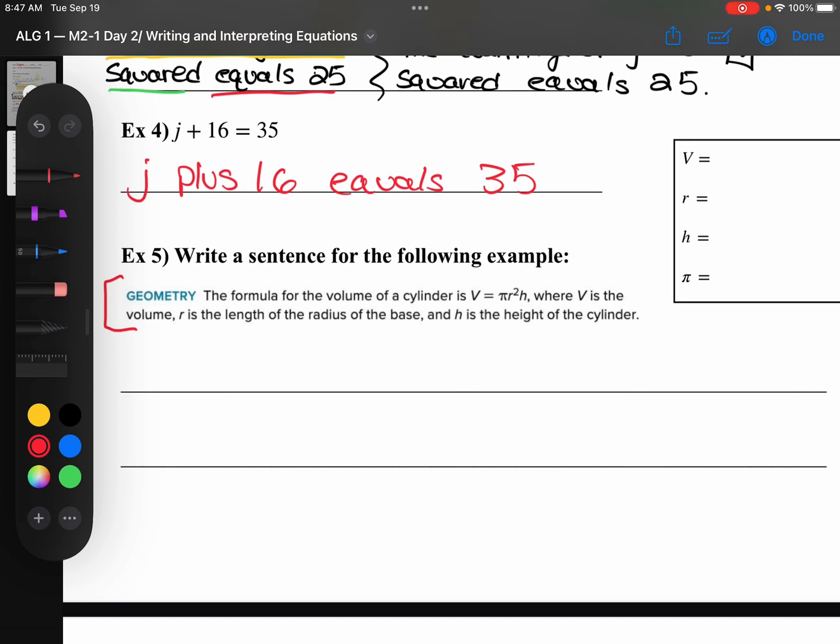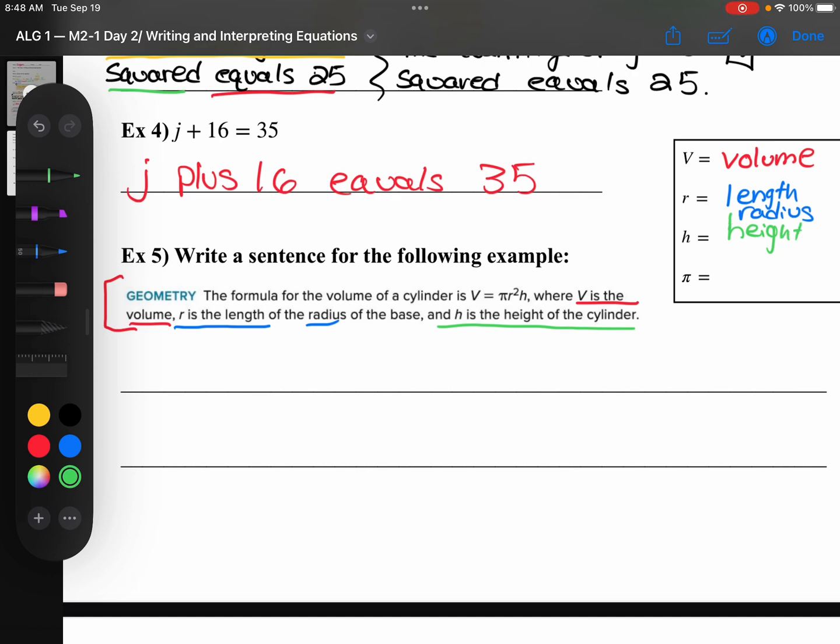So V is volume. Write that down off to the side. R is the length of the radius. And then H is the height.